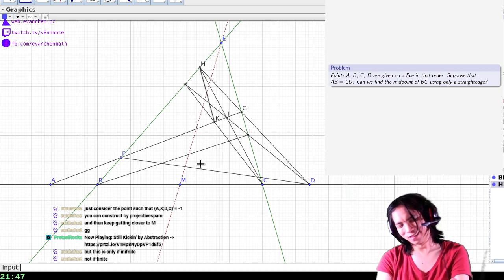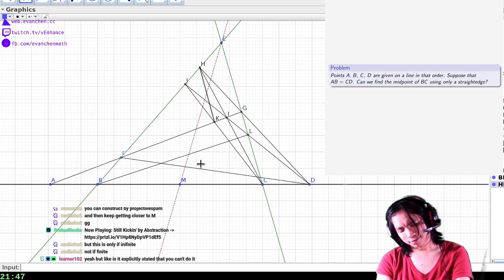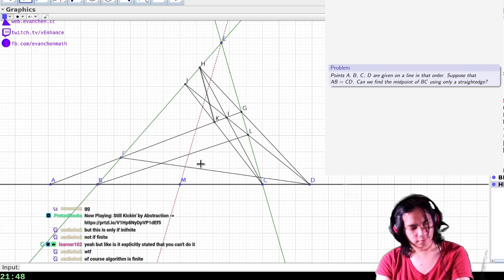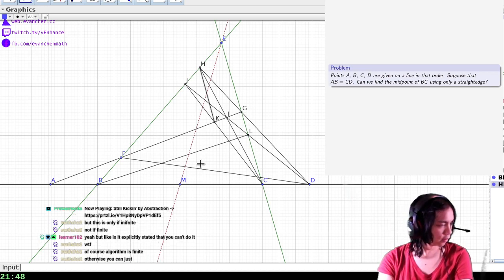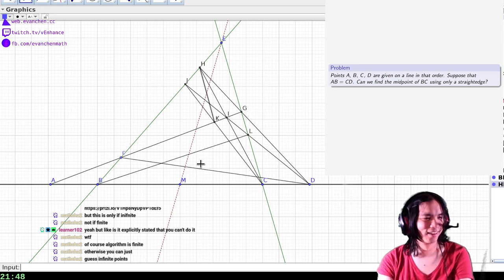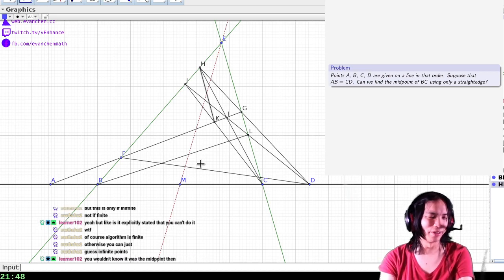How do you check no? I think an algorithm taking infinitely many steps is usually not well defined.